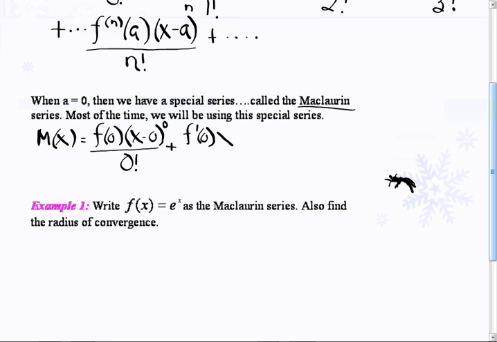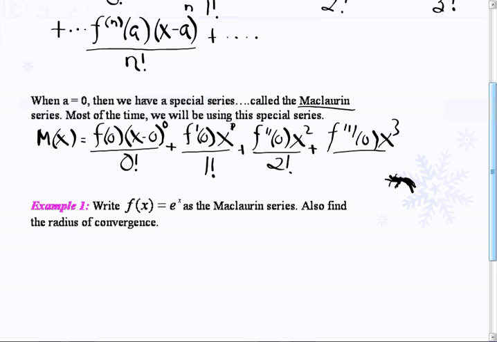This is the majority of the exam. It's x to the first over 1 factorial plus f double prime of 0 times x squared over 2 factorial plus f triple prime of 0, x cubed over 3 factorial. See the pattern? And it's the nth derivative at 0, x to the n over n factorial.